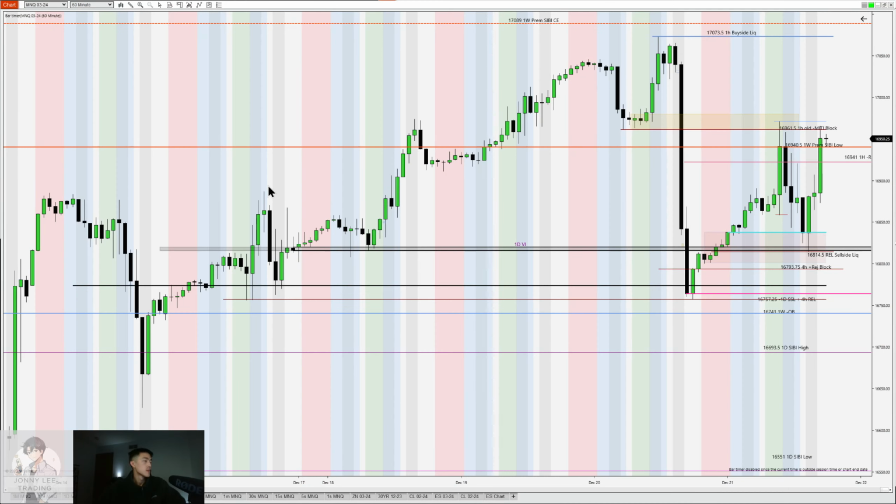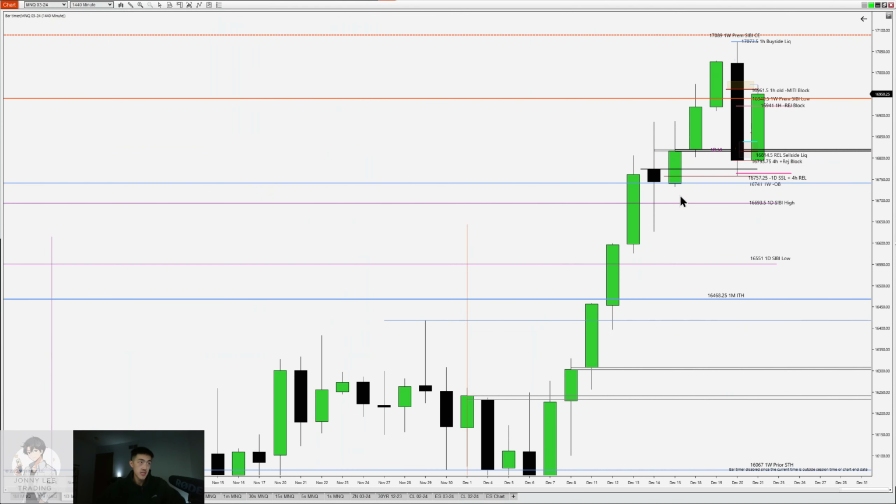Okay, so today's chart, let's start over at the daily because that's important to see. On the daily chart yesterday, we had come down quite a bit, right? So we knew that the daily lows were going to be important. We also knew that this down close candle on the way up, we could see this supported here.